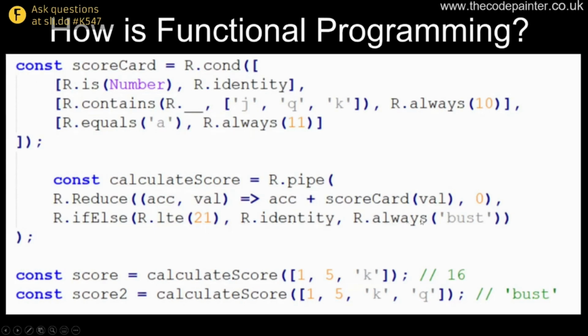Otherwise, we'll do an always with bust. So in my imaginary example, if we pass in the 1, the 5, and the king, we'll again get back 16. Otherwise, if we have a queen in there too, the queen will take 16 to 26, and that means we will switch to being bust. Again, awful long time to explain, not much time to read or to understand.